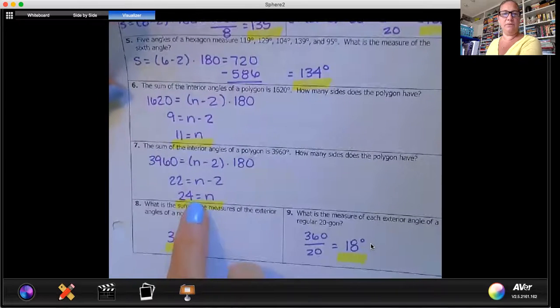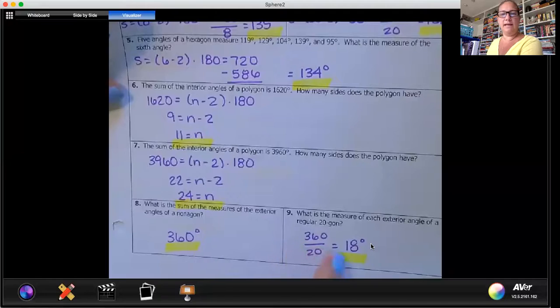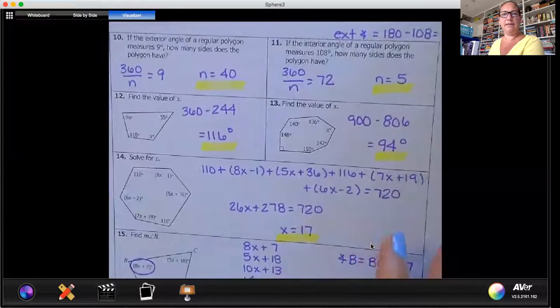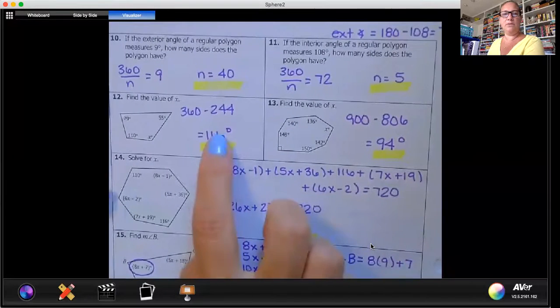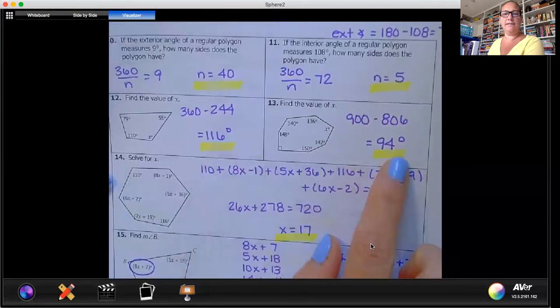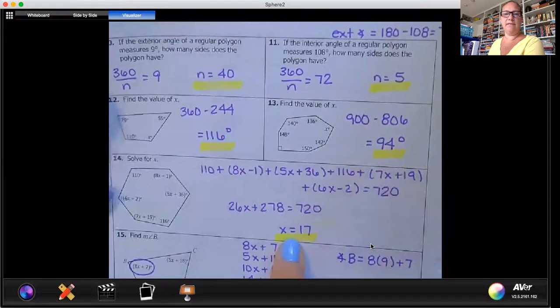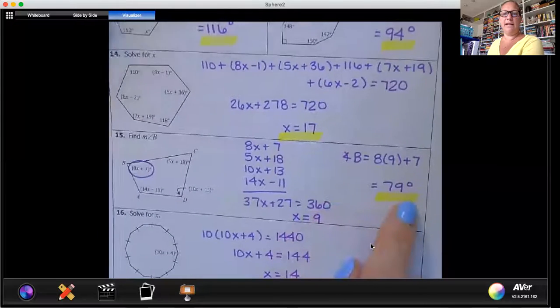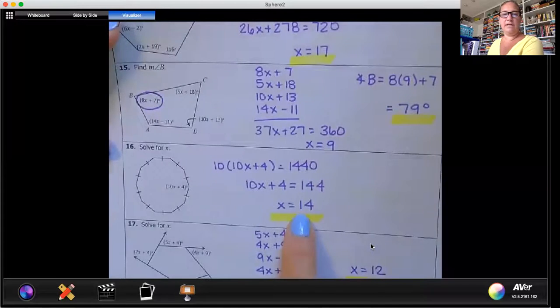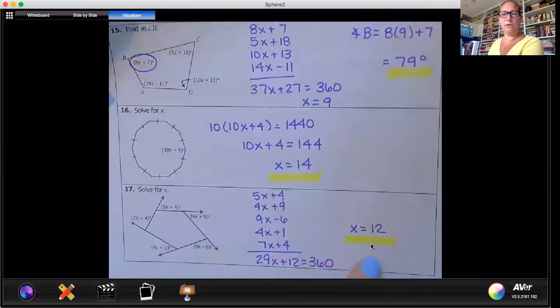Number 7, 24. 8, 360 degrees. 9, 18 degrees. 10 is 40 sides. 11 is 5 sides. 12, 116 degrees. 13, 94 degrees. 14, x is 17. 15, angle B is 79 degrees. 16 is 14. And 17 is 12.